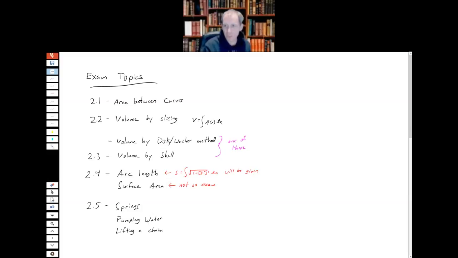And there were variations on these also, but I think that pretty much encompasses everything that was in that section. The lifting a chain and the springs won't be covered. You'll just have one with pumping water.